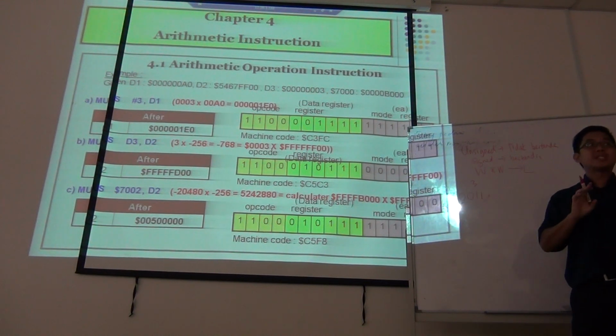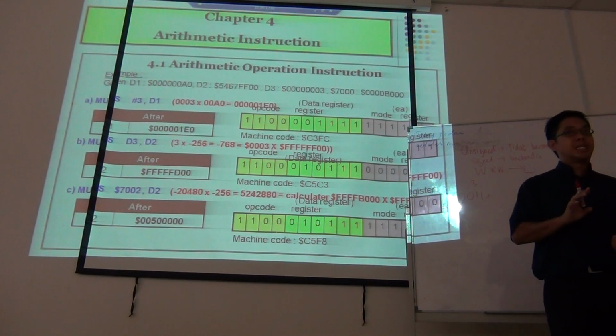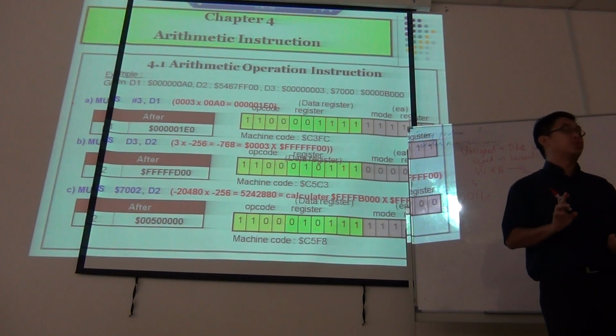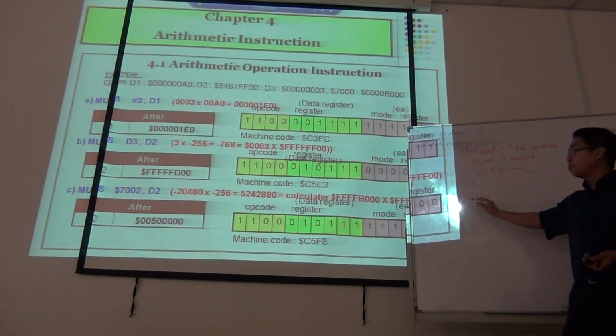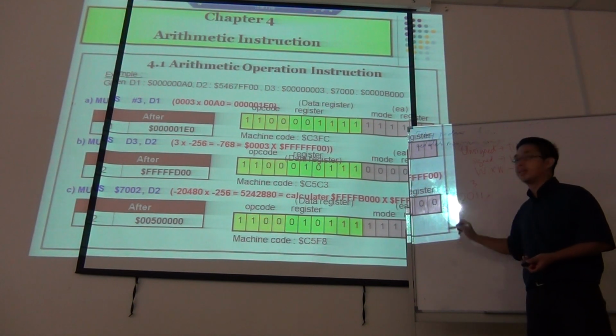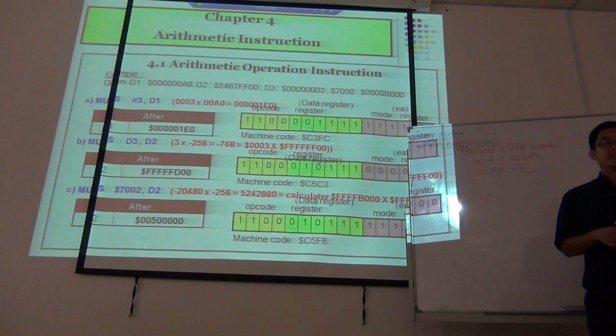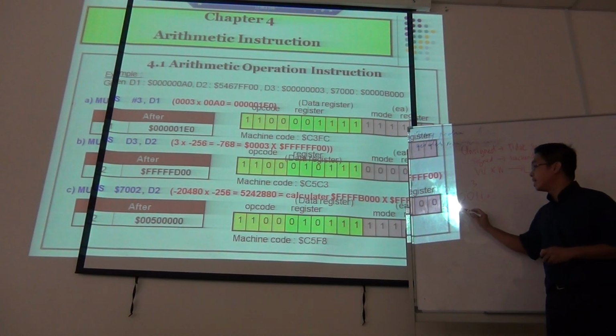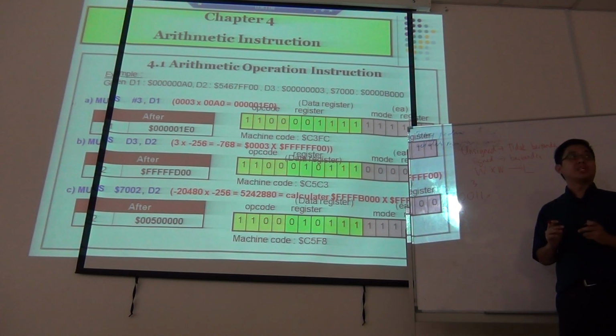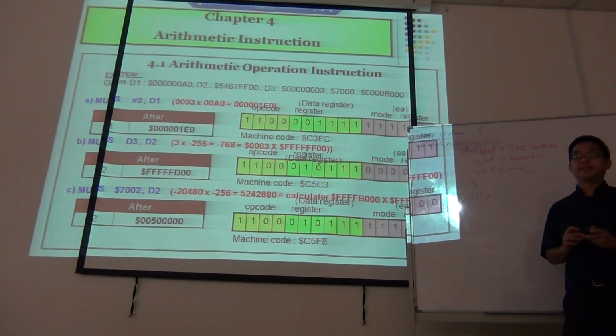When you have these signed numbers, go back to your MSB values. When you have signed numbers, MSB 0 means a positive number. Whereas if your MSB is 1, that number is equivalent to a negative number.